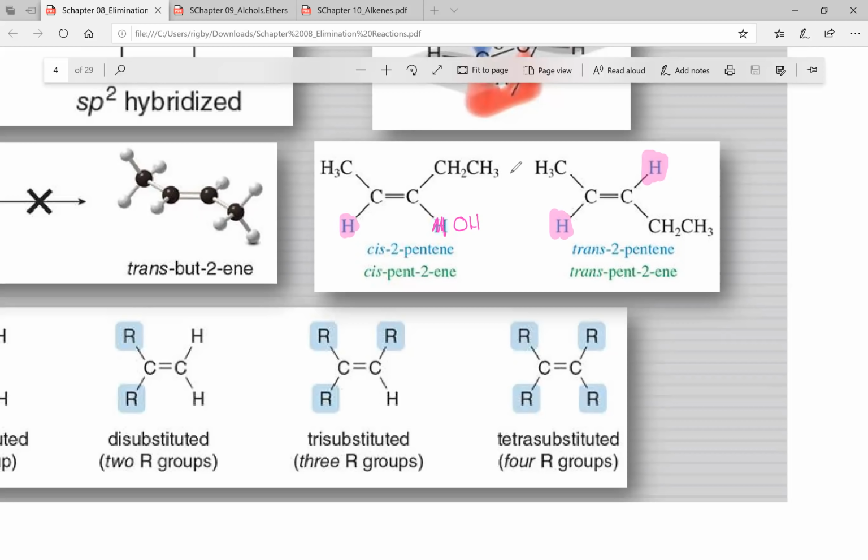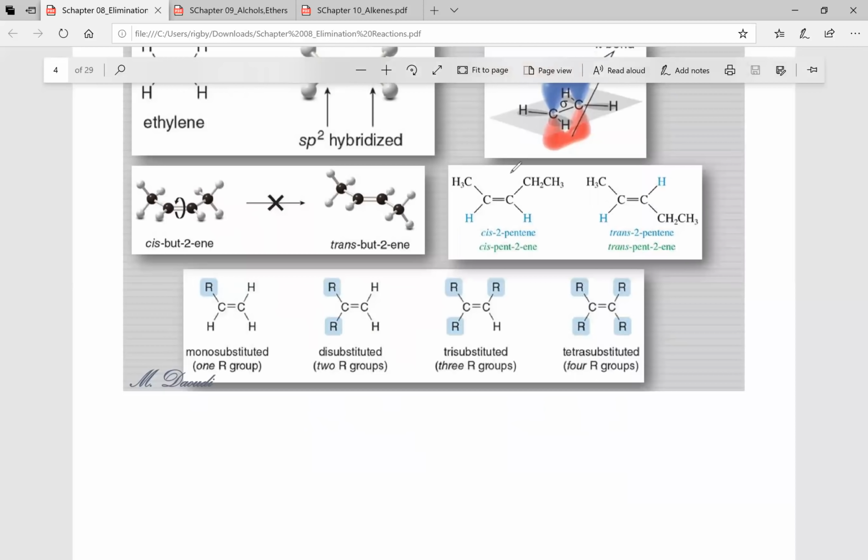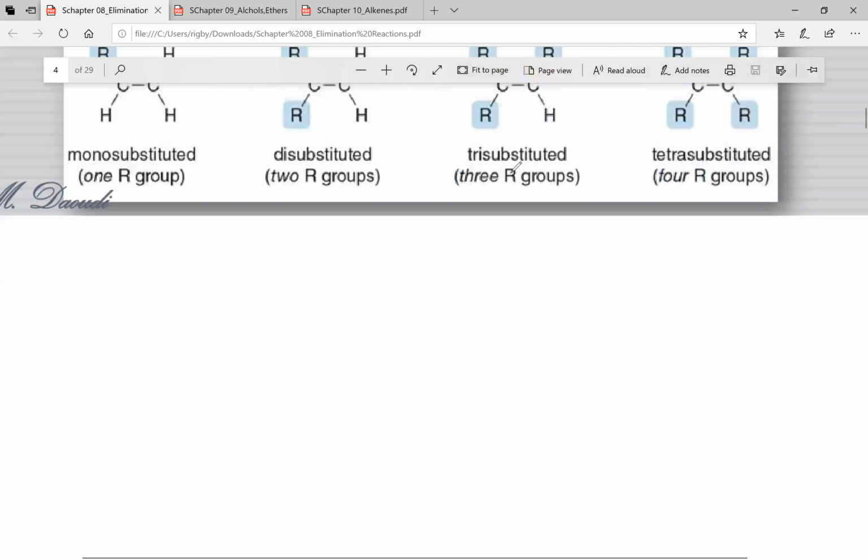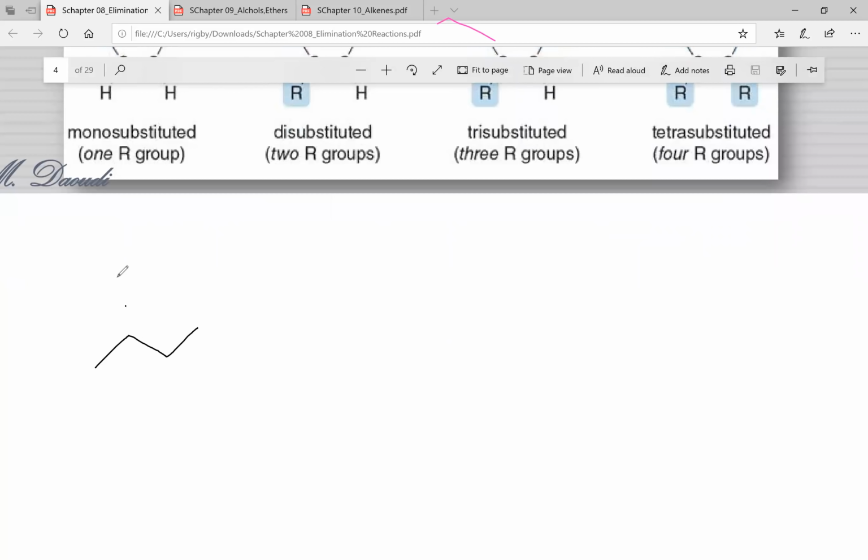And so those are the general stability rules for alkenes. When we're talking about elimination that creates two possible products, we say, here's our alpha carbon. Generally the alpha carbon is the carbon attached to the leaving group, or if we're talking about a carbocation intermediate, the carbon that contains the positive charge.